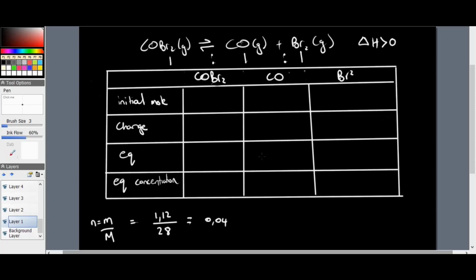So at equilibrium my equilibrium mole was 0.04.